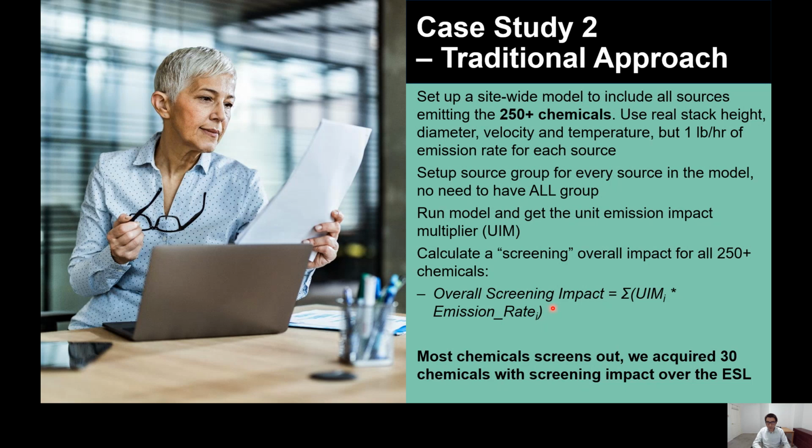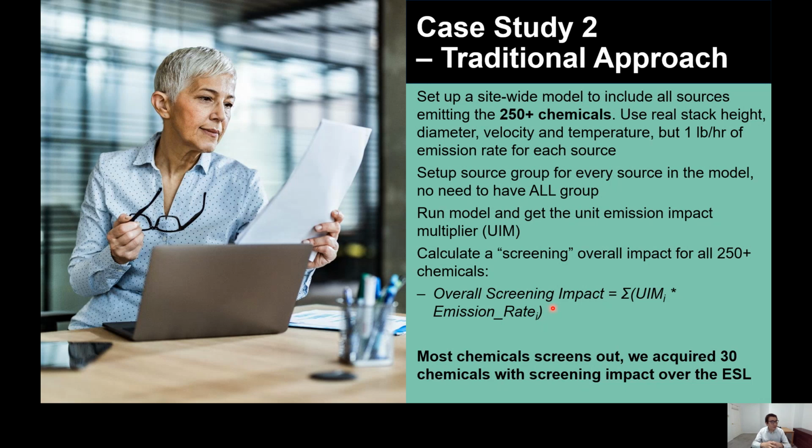Run the model and get the unit emission impact multiplier, so-called UIM, and do the math. You put together a table, and for every pollutant, its emission rate and its UIM, you multiply these together and add all the different sources together.